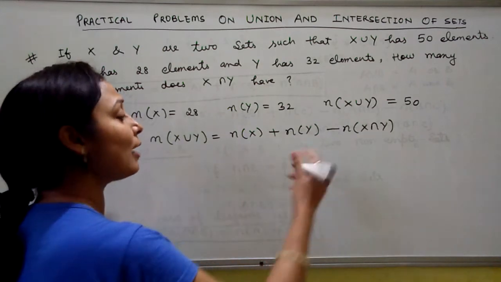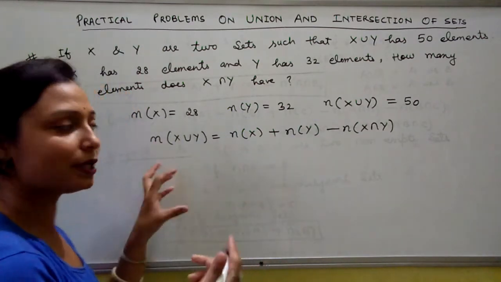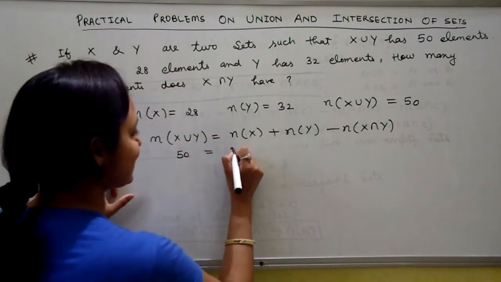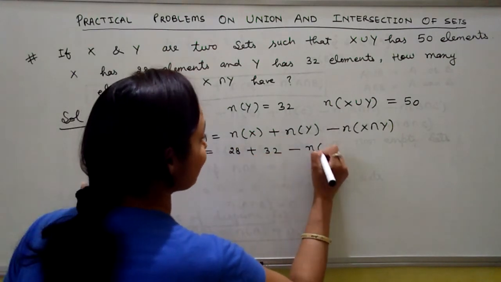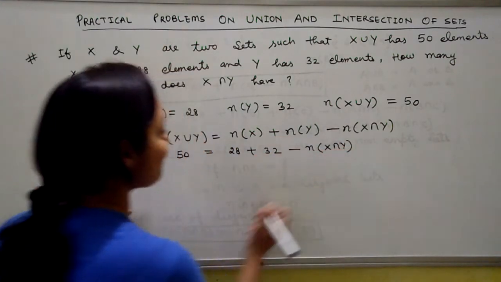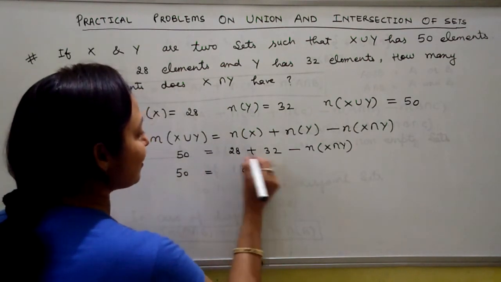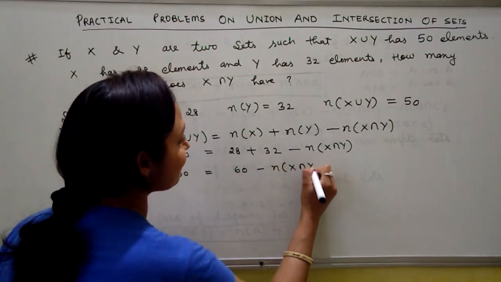If you don't want to do that, put the values: X union Y is 50, n of X is 28 plus n of Y is 32 minus n of X intersection Y. So we have 50 equals 60 minus n of X intersection Y.